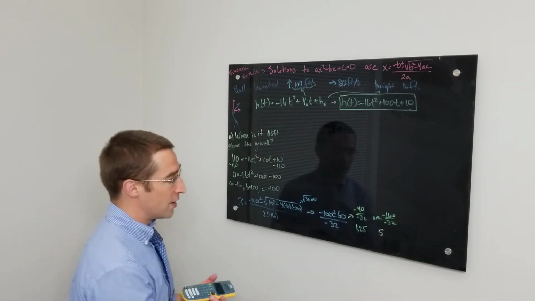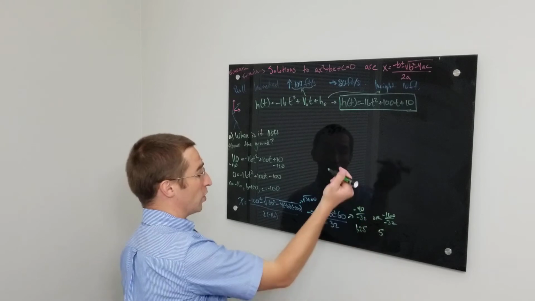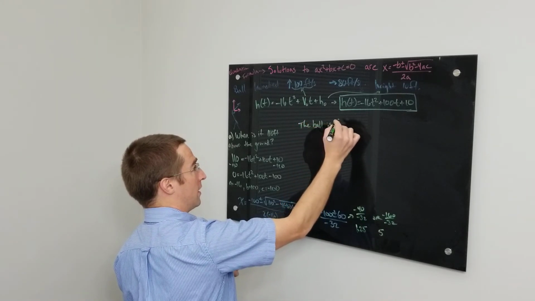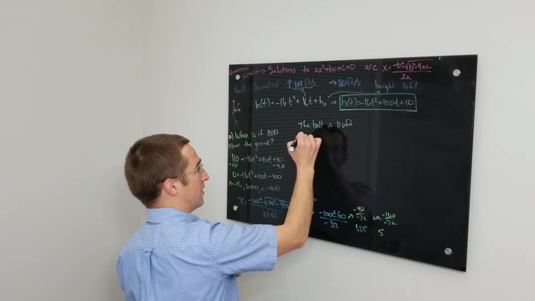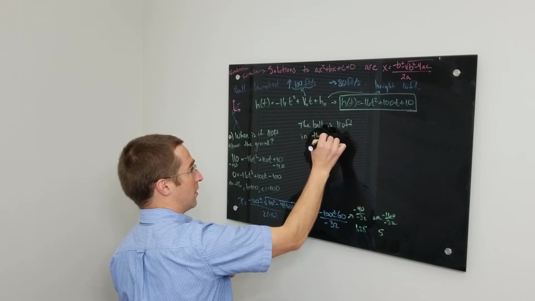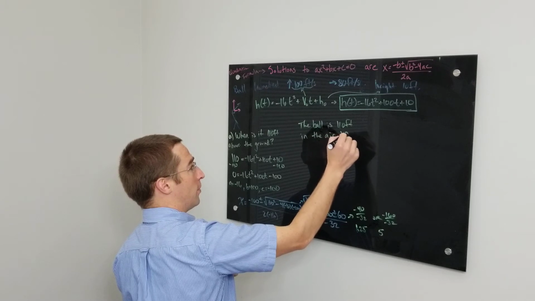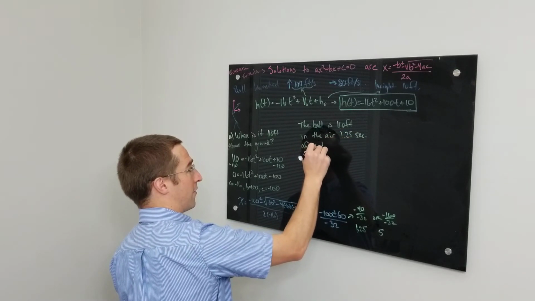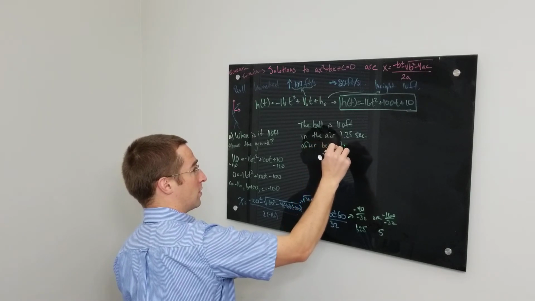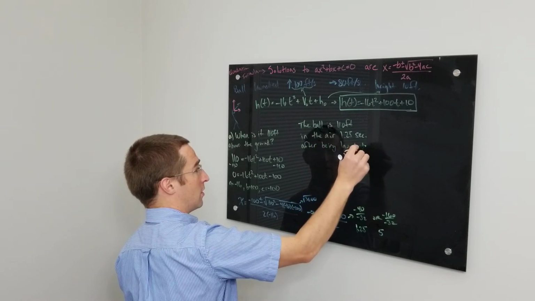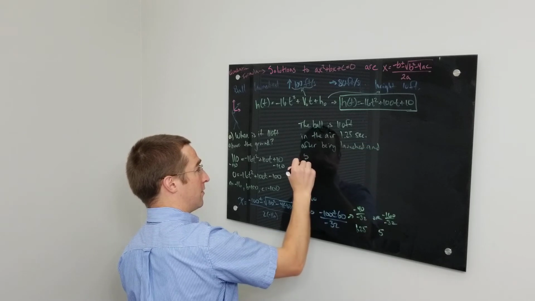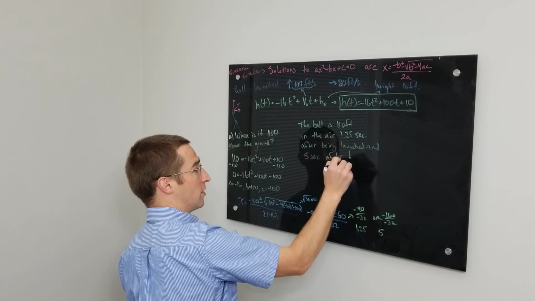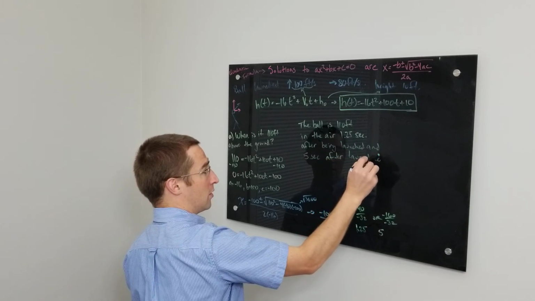Yep, that's 5. So here, we're just going to write out our word answer, which is the ball is 110 feet in the air 1.25 seconds after being launched, and 5 seconds after being launched.